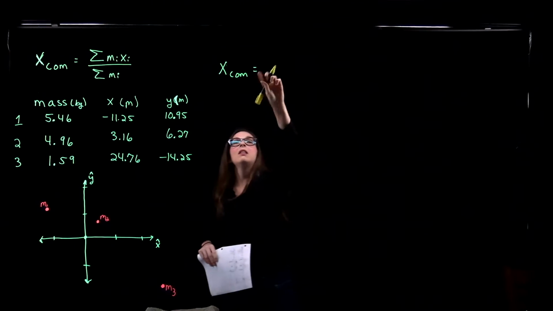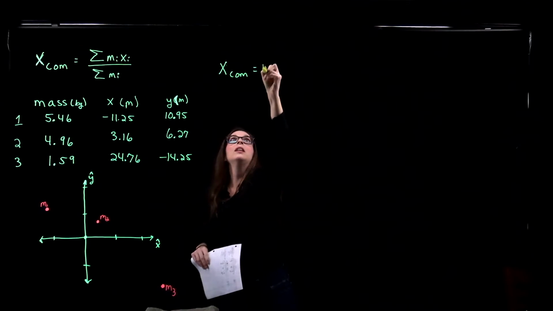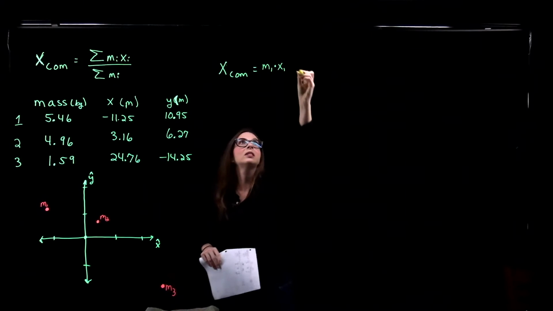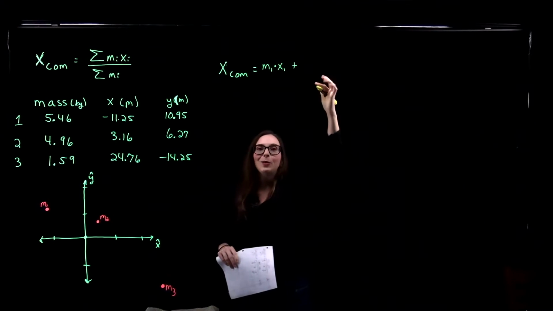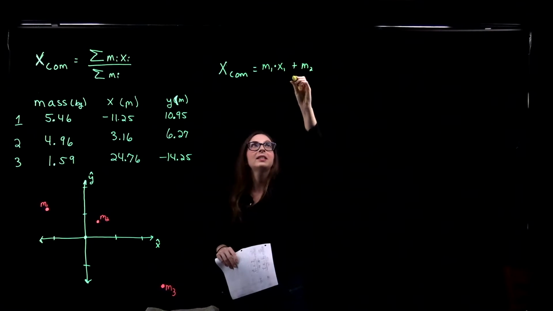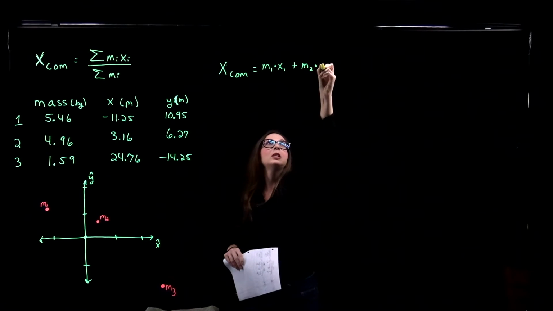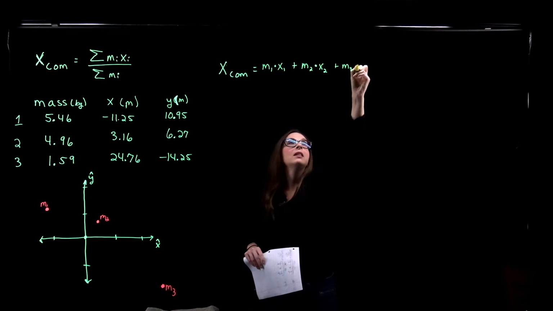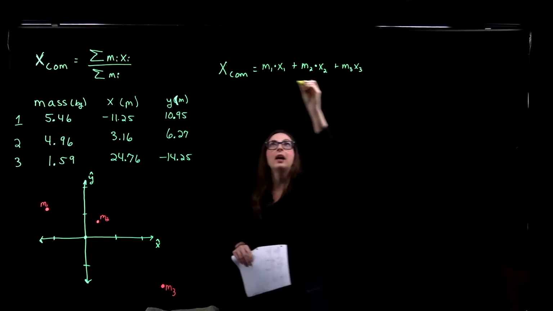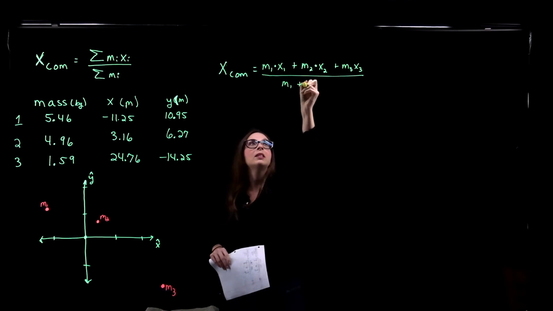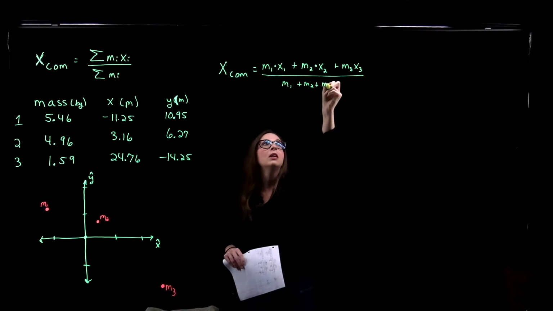So here I'm going to take mass 1 times its position from where we're saying x is equal to 0, plus mass 2 times its position from where we say x equals 0, plus mass 3 times its position from where we're saying x is equal to 0, divided by the sum of those masses, m1 plus m2 plus m3.